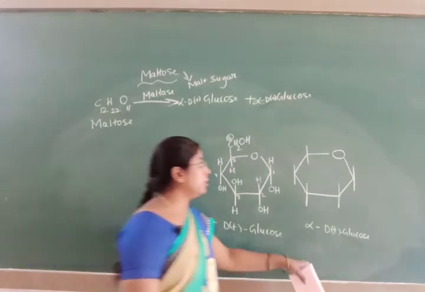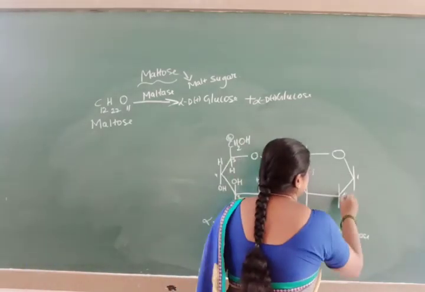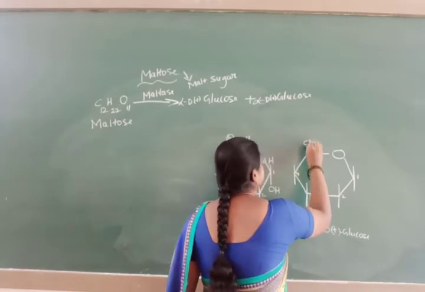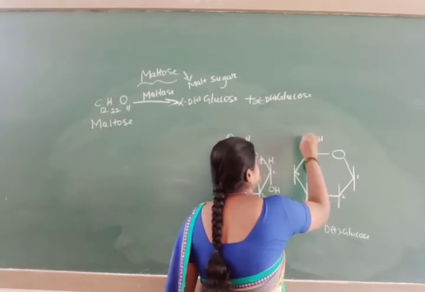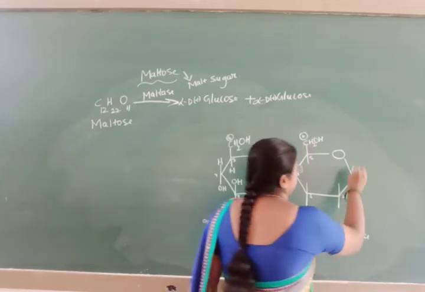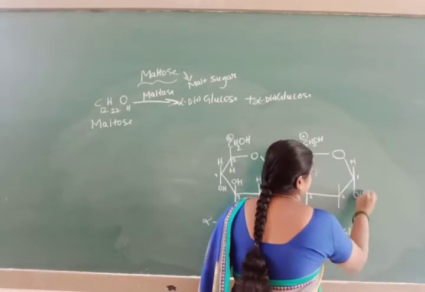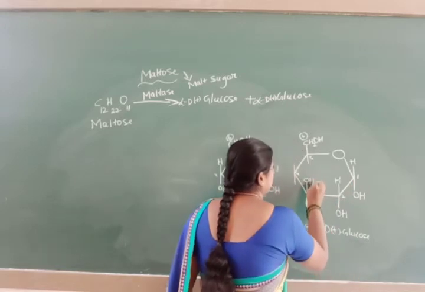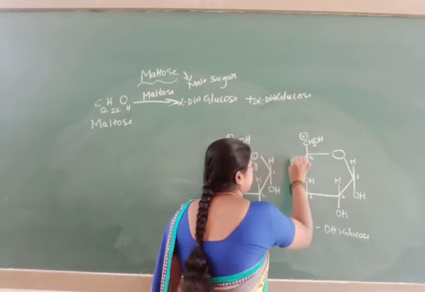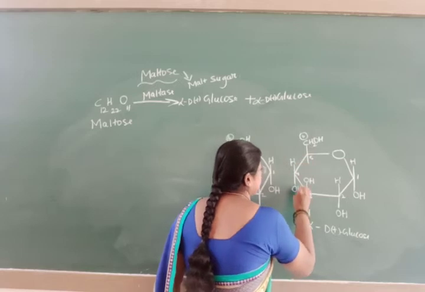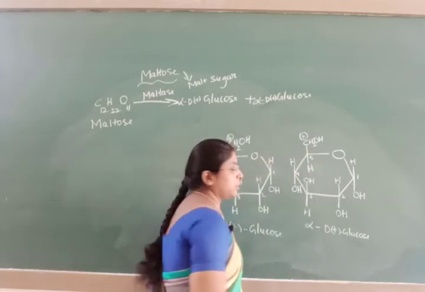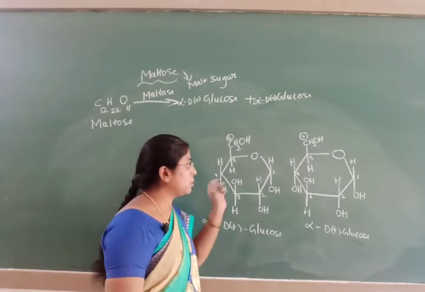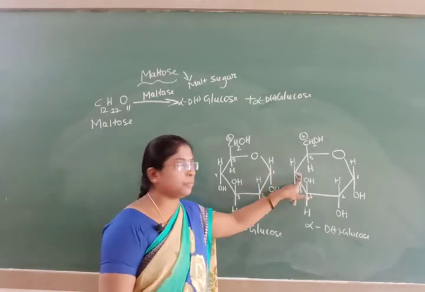The same we have to write here, but the numbering starts from this 1, 2, 3, 4, this is 5, and here comes the 6, CH2OH. First carbon H, OH, second carbon H, OH, third will be OH, H, fourth will be H, OH, fifth will be H and CH2OH. In the case of maltose, it will form a C1-C4 linkage.